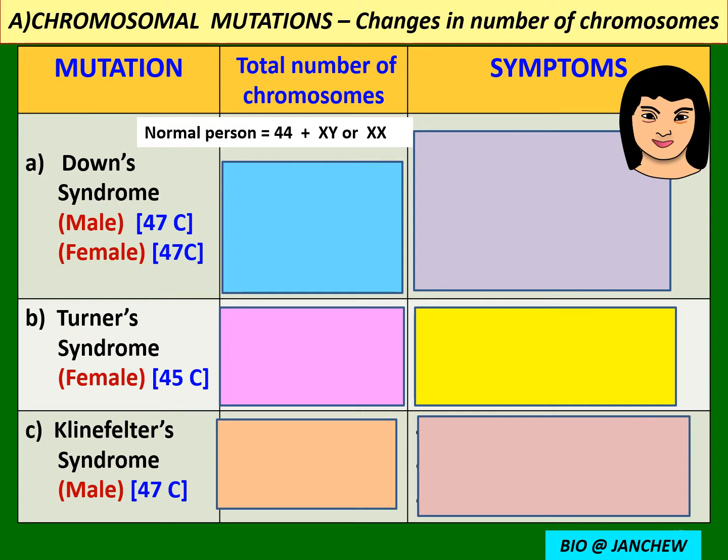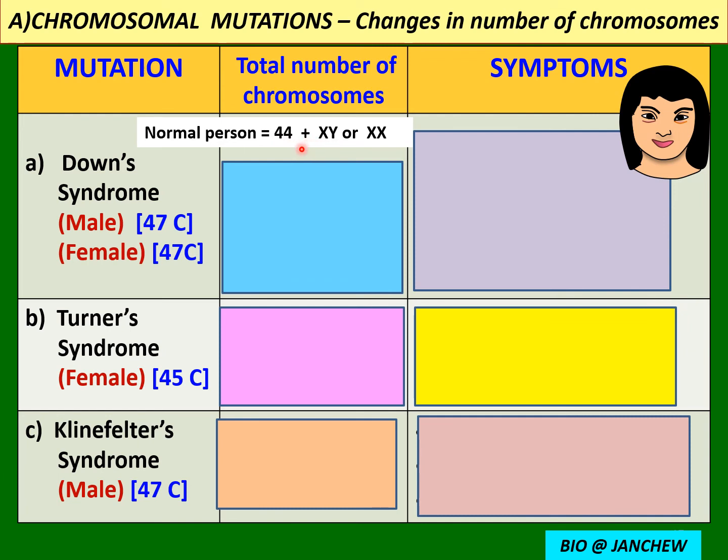Let's discuss 3 examples of chromosomal mutations where there is a change in the number of chromosomes. Firstly, for a normal person, the diploid chromosomal number is 46. If we break it down, it is 44 autosomes plus 2 sex chromosomes.